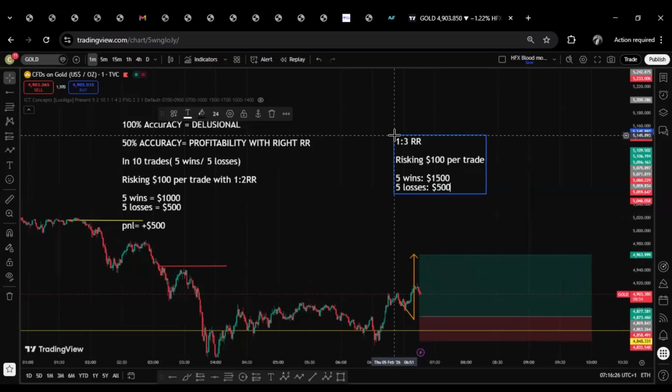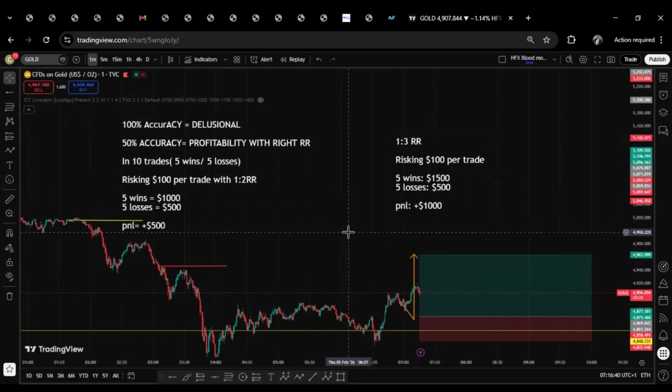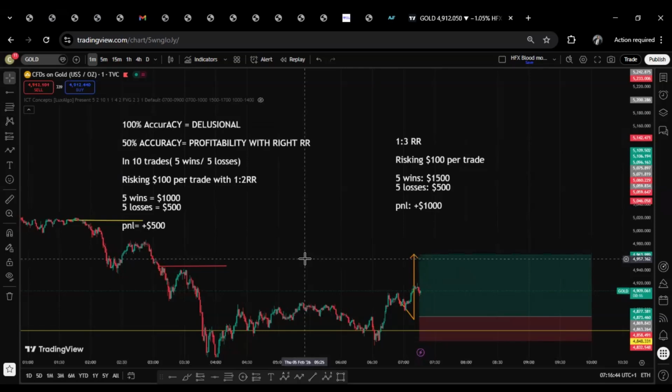That's your P and L, profit and loss index. Are you seeing that? If you can understand this, then you're good.